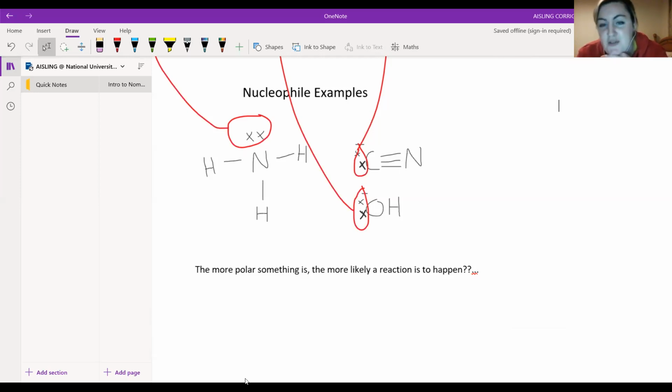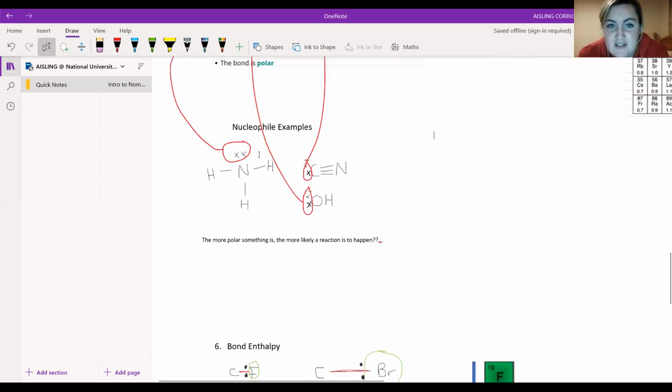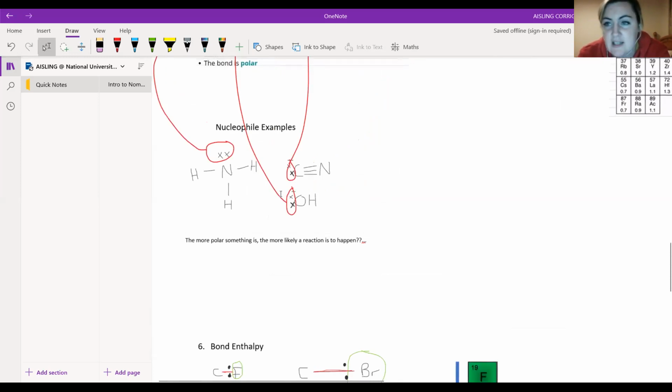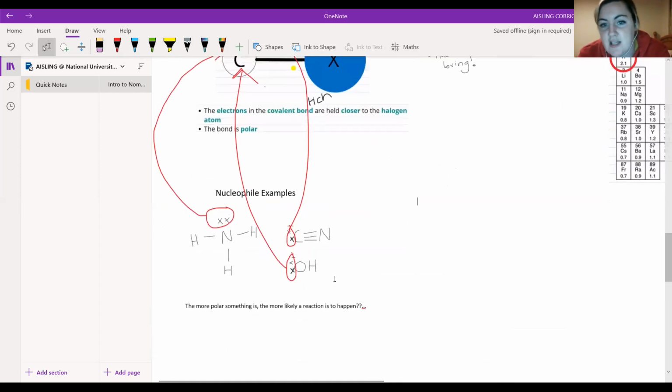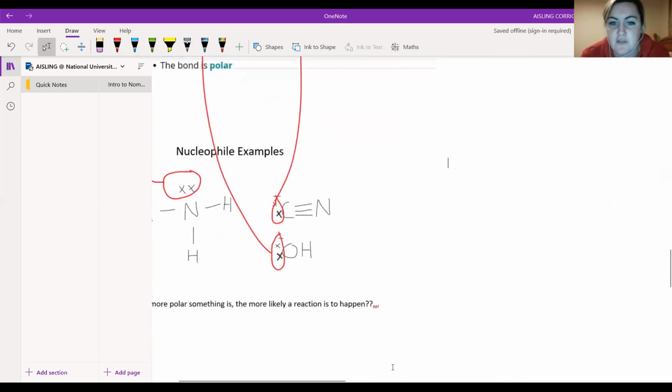No. Even though we just discussed that fluorine is incredibly electronegative, and we've seen that yes, nucleophiles are very likely to react the more polar something is, something else overrides that fact. Another factor is more important than polarity when it comes to dictating whether something is very reactive or not.